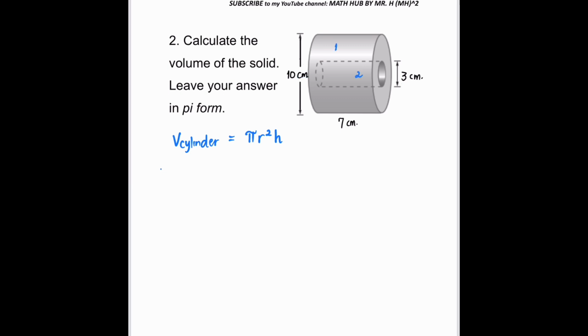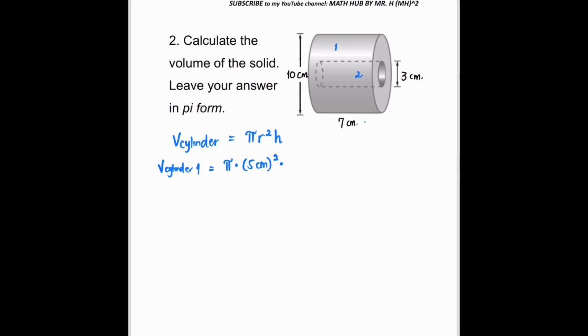Let's calculate first the volume of the first cylinder. So volume of cylinder 1 would be equal to pi multiplied by the radius squared. So the radius is 5 centimeter because the diameter of the base is 10 centimeters. So the radius is half of it. So we have 5 centimeter squared times the height of the cylinder.